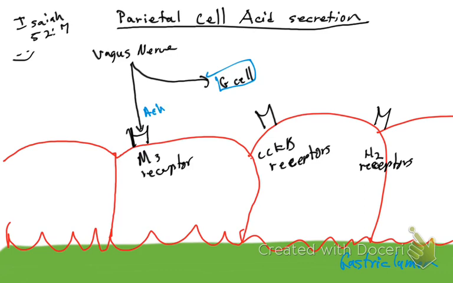Once ACh enters through the M3 receptor inside of the cell, it needs to go to a pump to stimulate a pump that we have right here.